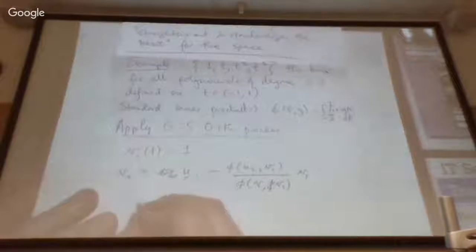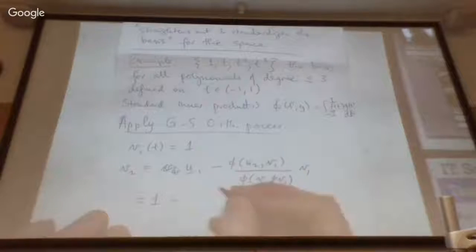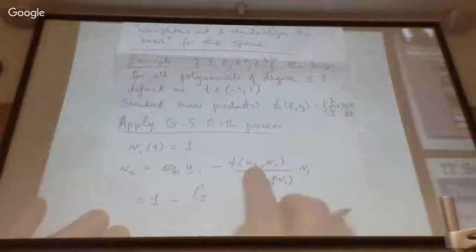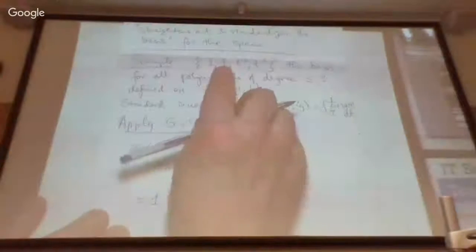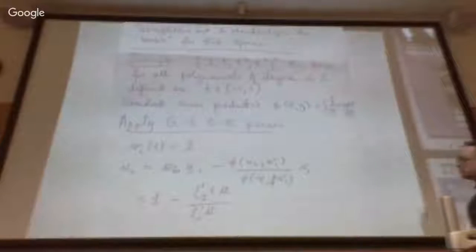In this context, we're taking the constant 1, and we're subtracting the integral from minus 1 to 1 of the product of U2 with V1. U2 is t, V1 is just the constant 1, so we're subtracting the integral of t dt, dividing by the inner product of V1 with itself, which is the integral from minus 1 to 1 of 1 squared dt.